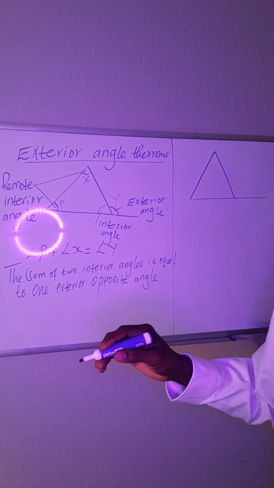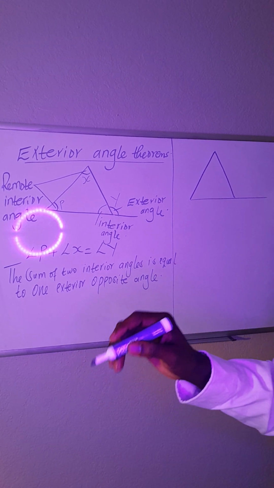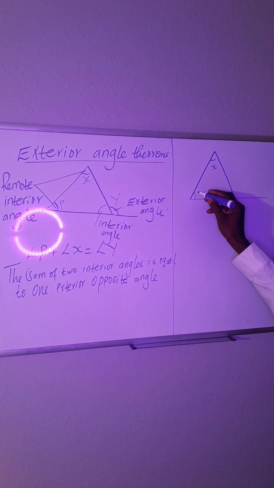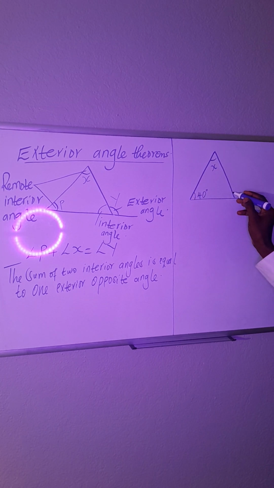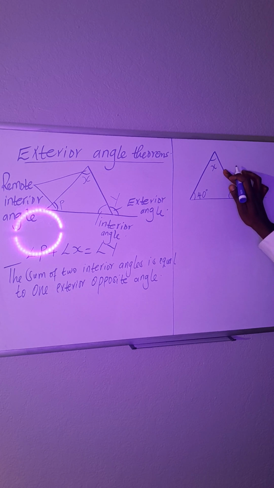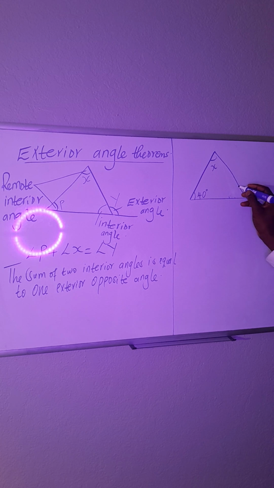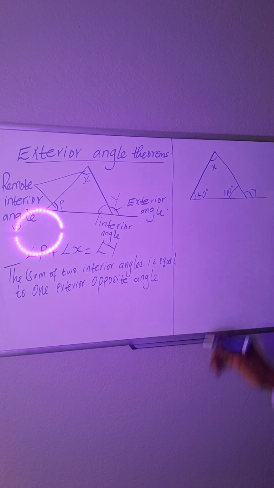Let me say this angle here is X, and this angle here is 40 degrees. Let's say this angle here is 110 degrees, and I am looking for angle Y.